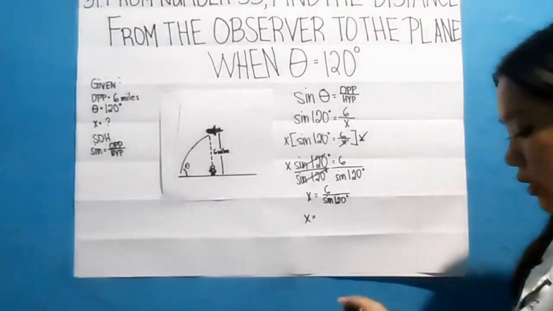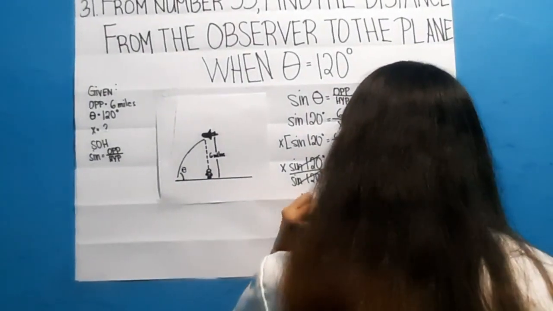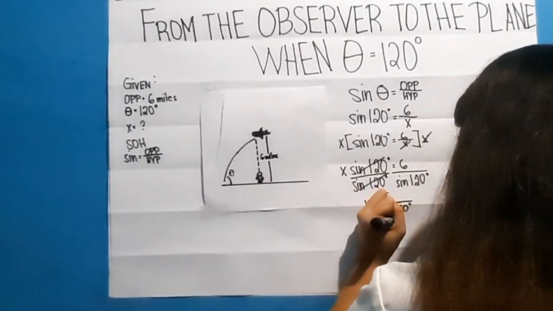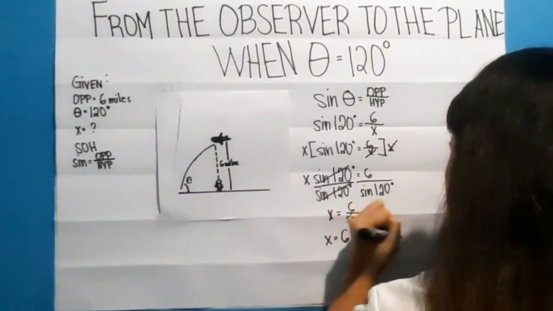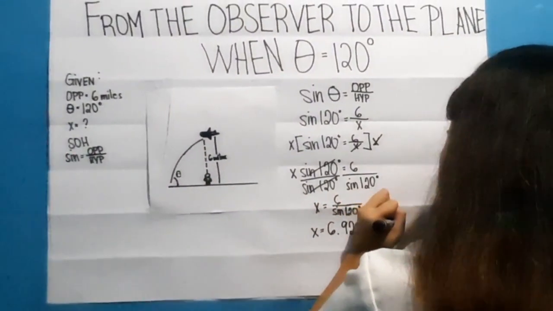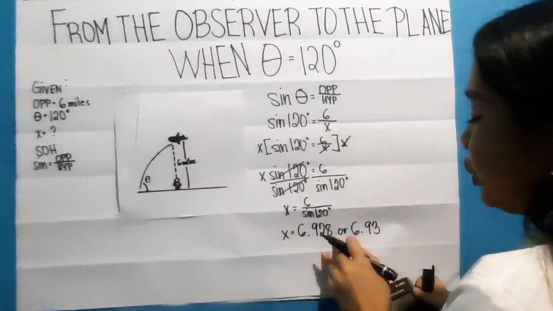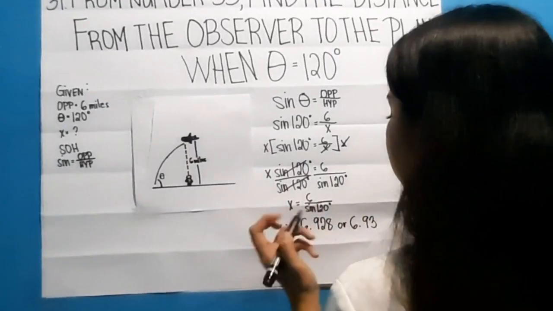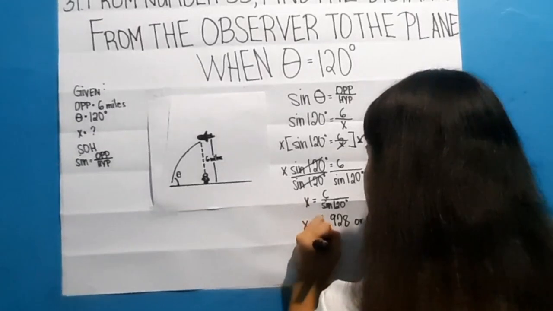It is equal to 6.928 or 6.93. Because 8 is a large number, we will round up 2 to 3. So x, or the distance, is equal to 6.93.